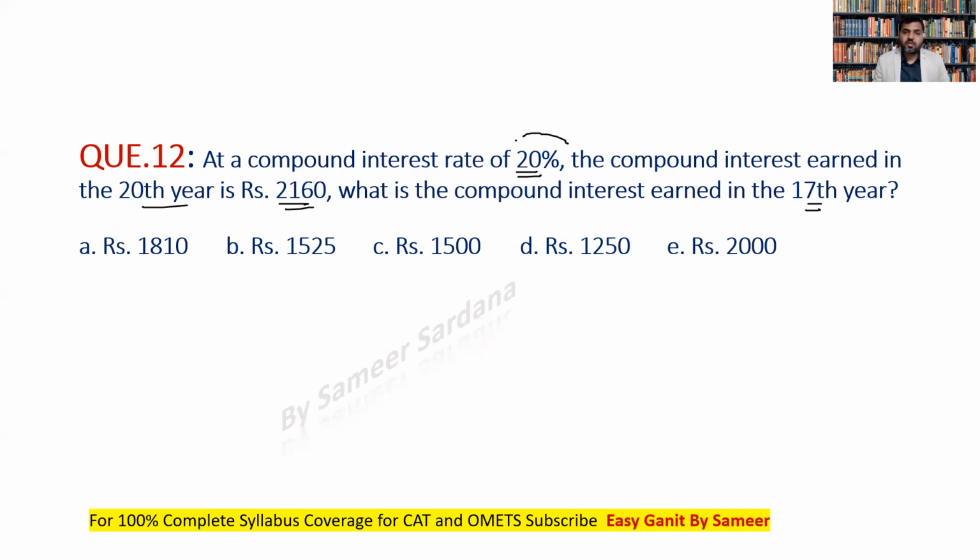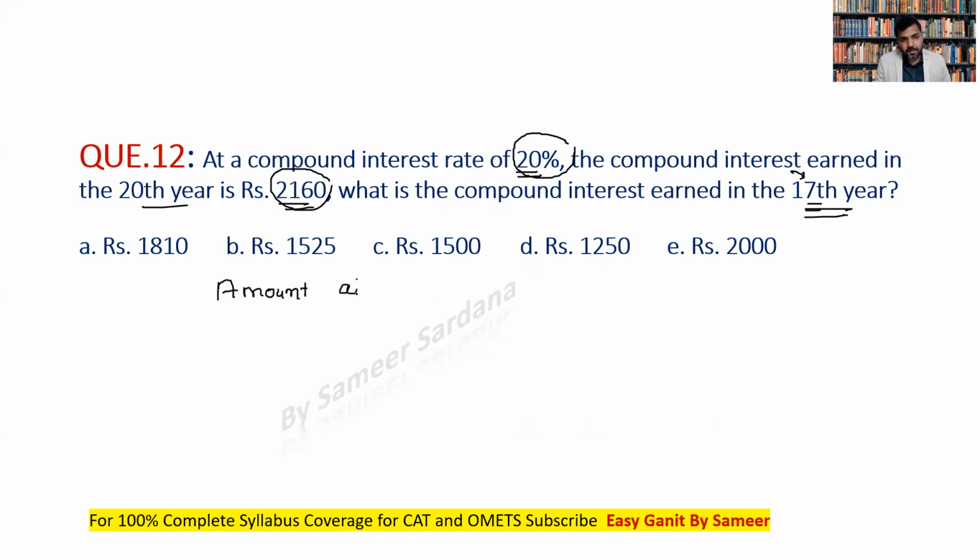Rate of interest is 20%, right? In the 20th year, my compound interest is 2160. I'm supposed to find out the compound interest in the 17th year. You see that? The interest in the 17th year will be calculated on the amount at the end of the 16th year. Can I say that? You need to understand this concept.